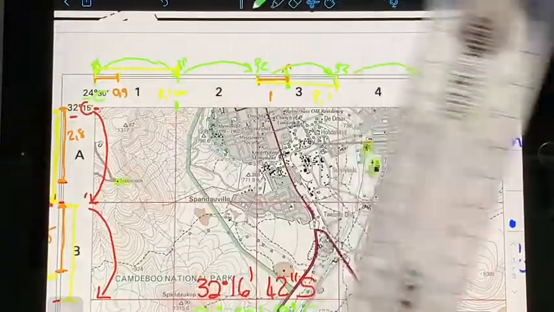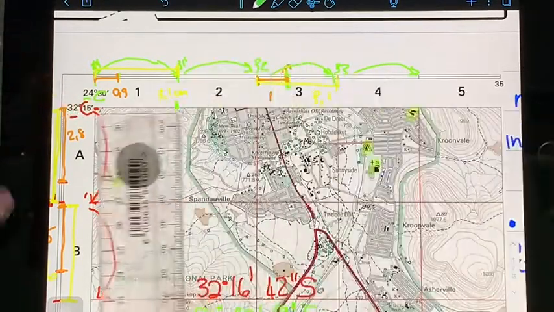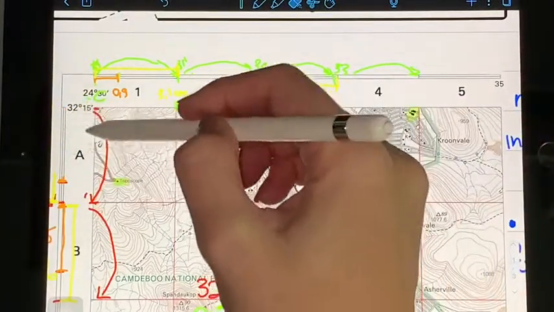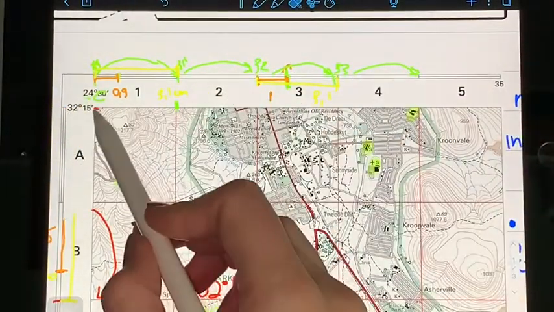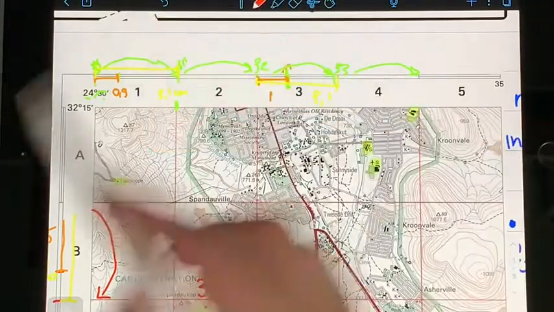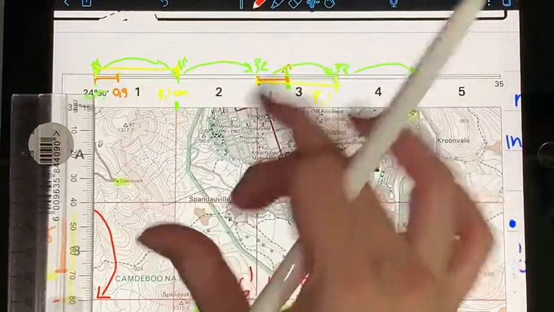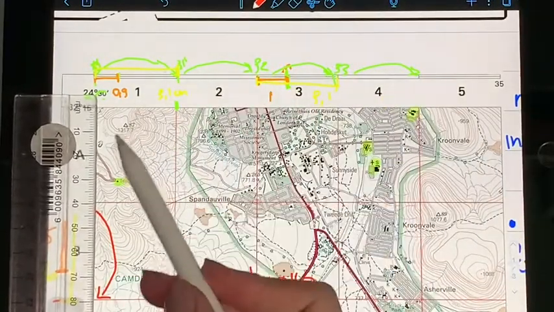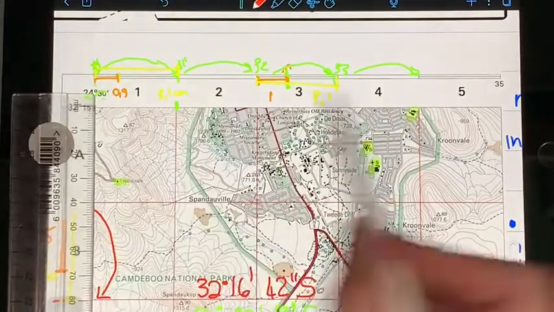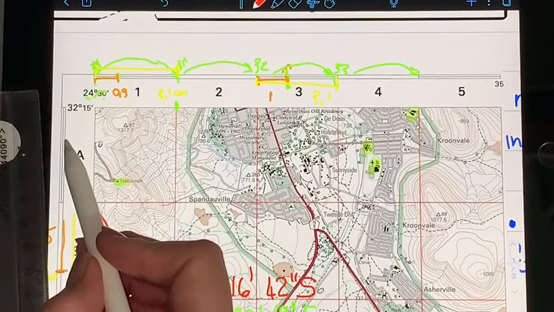Right, we use a ruler. From the 15-minute line, we know that we can then mark all the way down, and I'm going to get rid of all these other workings so that we can see clearly. And you're going to then measure, I can't measure on here because I've obviously changed the scale quite significantly, but on your map you will be able to then measure 1.4 centimeters, and that would then take you to about this position here.